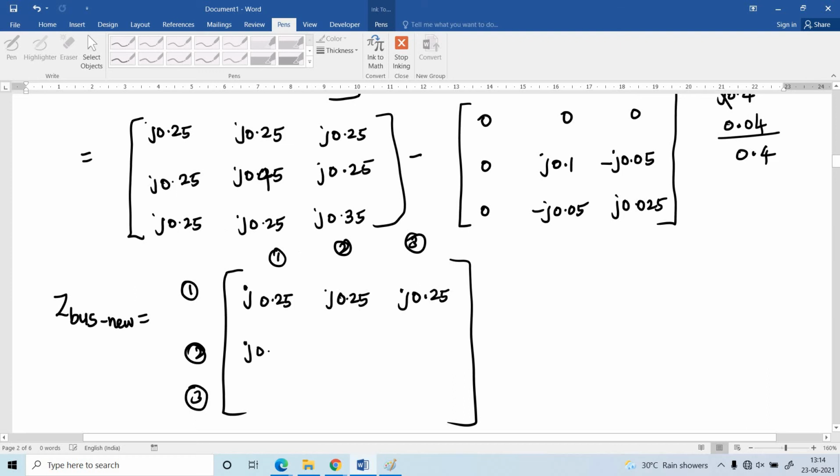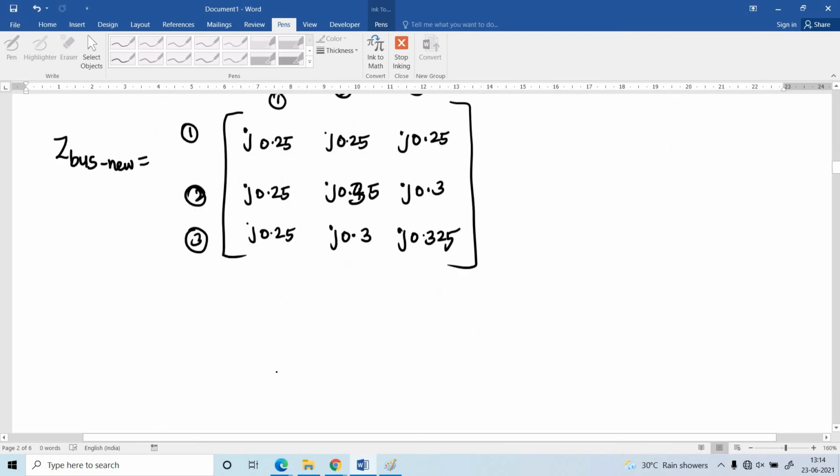Next element j0.25, j0.45 minus 0.1, that is j0.35, and next j0.3. Then j0.25 minus of minus, plus j0.25, and next element j0.25 minus of minus j0.05, j0.3, and j0.325. This is the new ZBUS matrix.